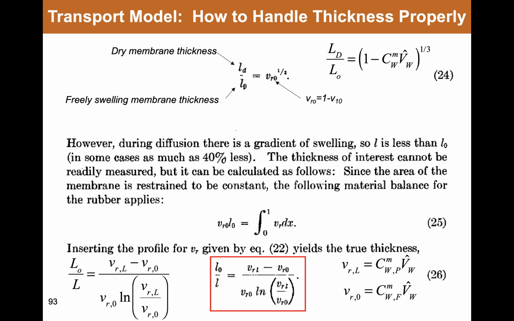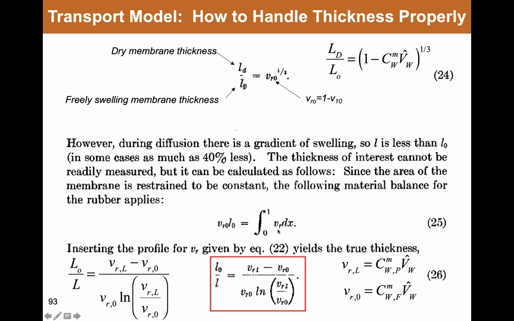A simple matter of conservation of mass would say that the volume of rubber in the sample when it's freely swollen, times the freely swollen thickness, and times the area of the sample, which doesn't appear in this expression because it cancels out on both sides, gives the amount of rubber in the sample as you mount it into the permeation cell.